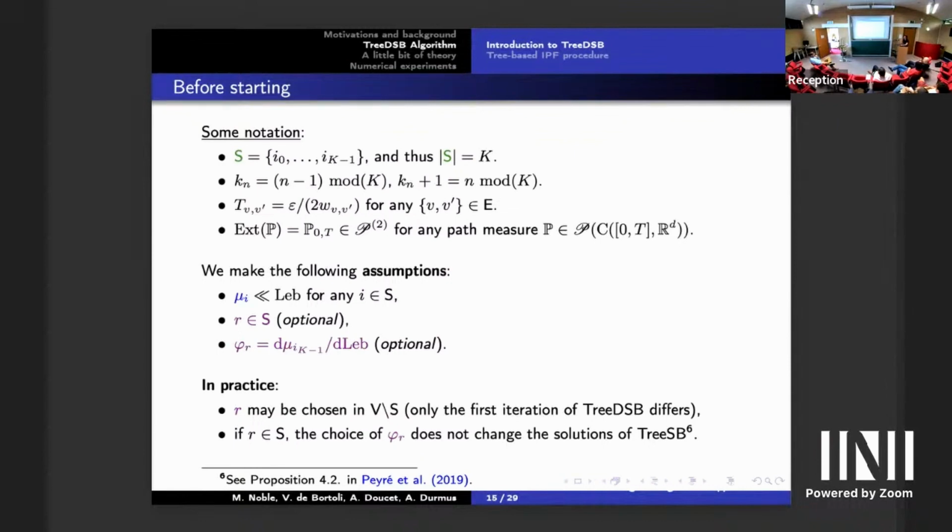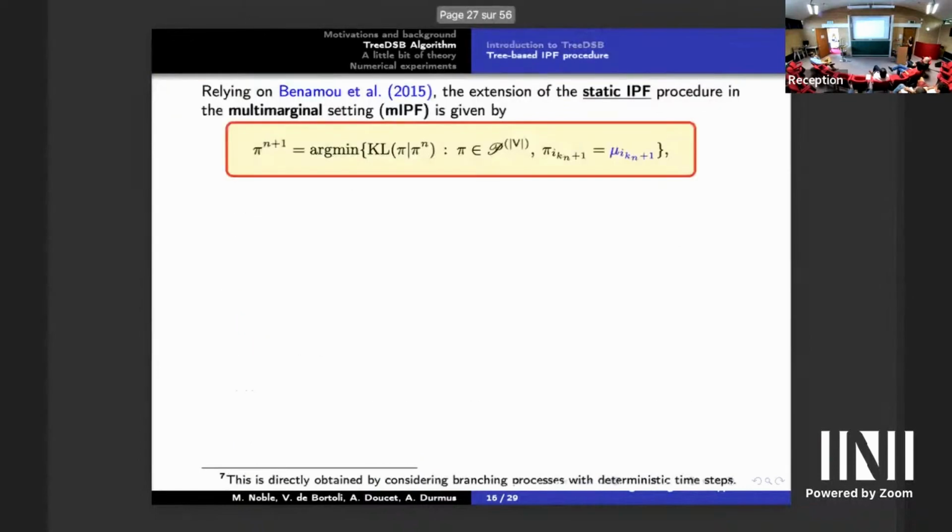We will see later that you can choose something else as long as the KL with this measure is finite. Have in mind that choosing this does not change the nature of the problem. Once you have your root, which is one of the leaves of the tree, choosing phi r with some relation to the mu I corresponding to this does not create any damage.